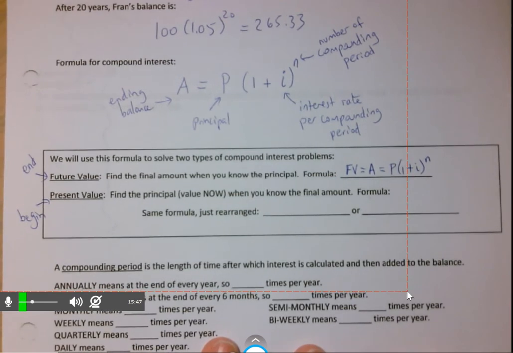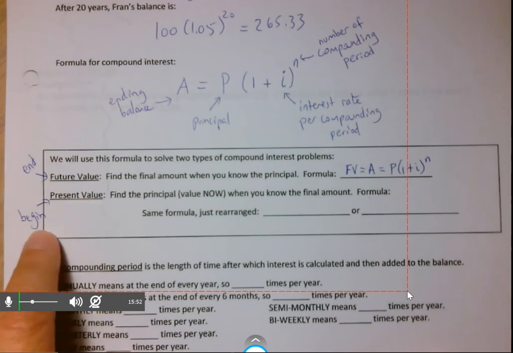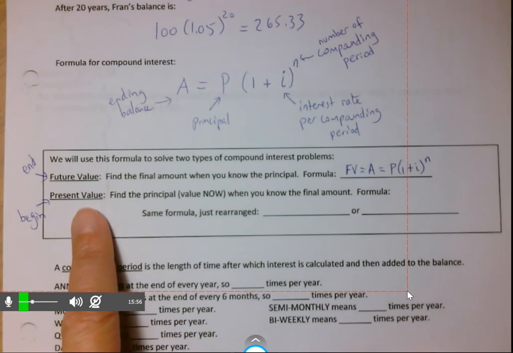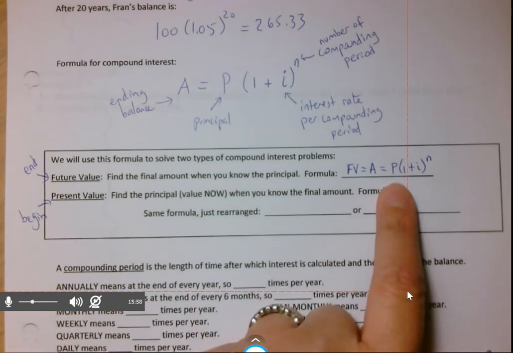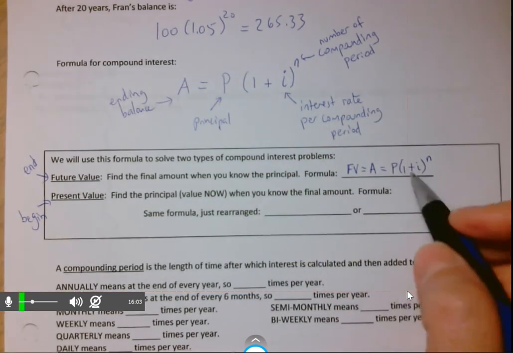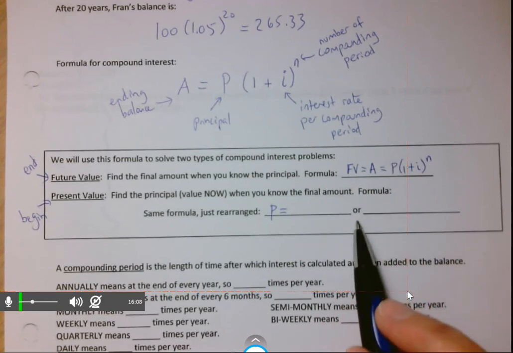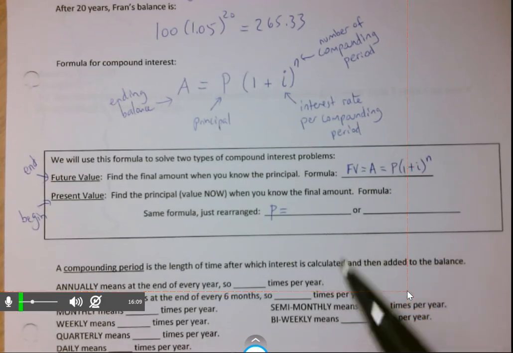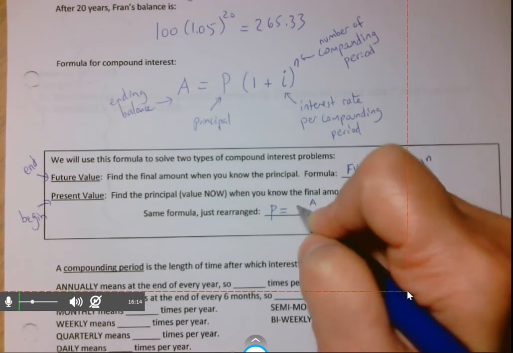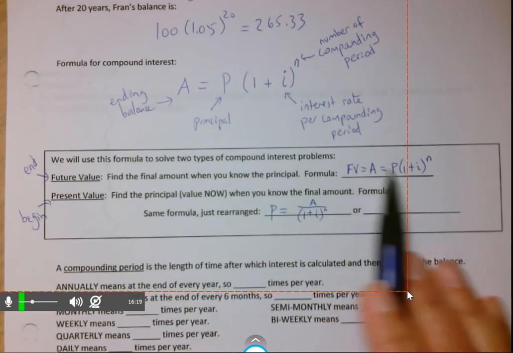All right, but sometimes you will see that they're asking you for the present value. The present value is the beginning amount, which is the P. So if you see the word present value, they're really just asking you for the principal when it comes to compound interest. You don't have to, you can just use the same formula all the time, but if you want, you can rearrange the formula and isolate P. So P is equal to A over 1 plus I to the N. It's just rearranging the same formula.